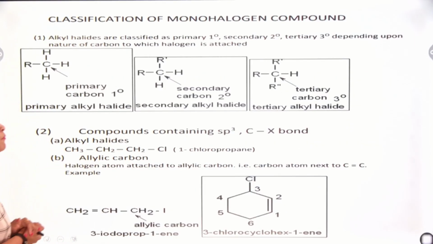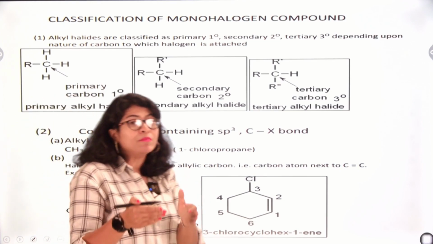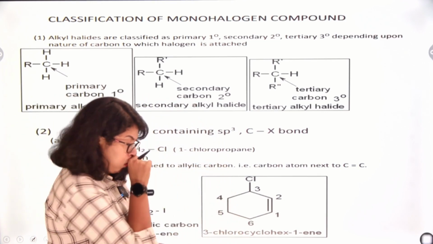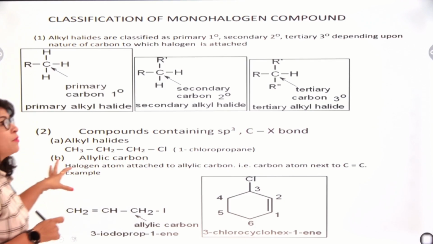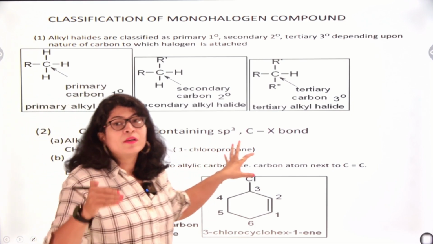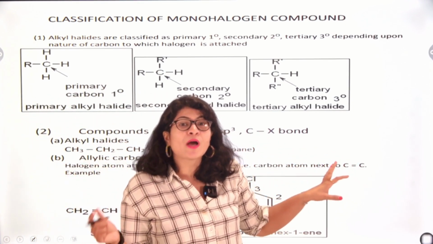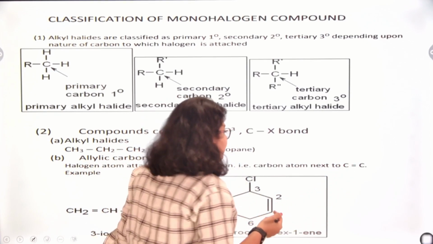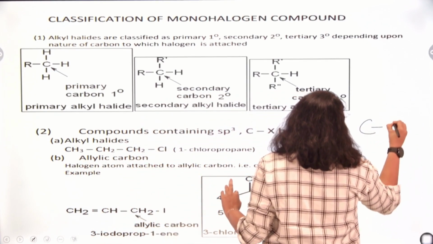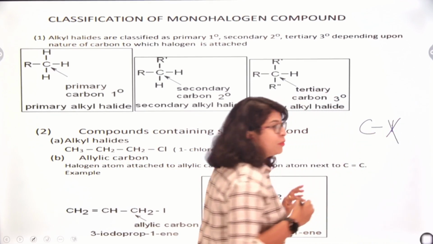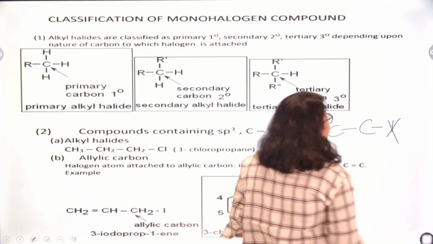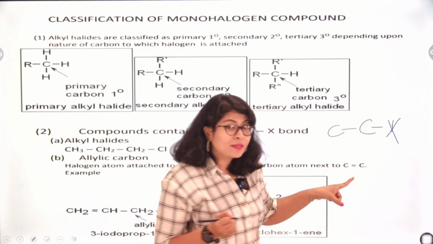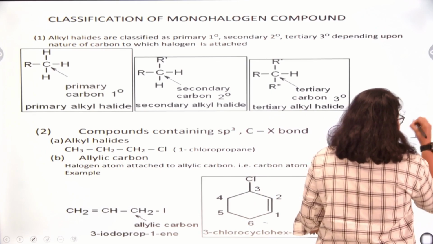Now if I classify monohalogen derivatives in further terms, first of all, if I try to mention the degree of carbon atoms, alkyl halides are classified as primary, secondary and tertiary depending upon the nature of the carbon halogen bond. If the carbon halogen bond is formed with a carbon which is attached to a single carbon only, then this falls under the category of 1 degree halide.